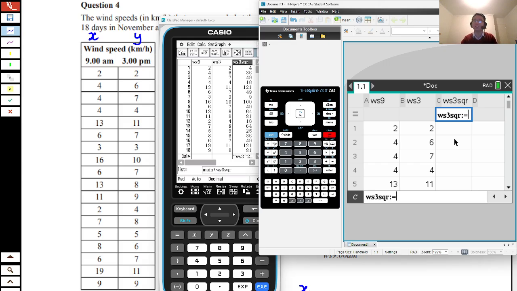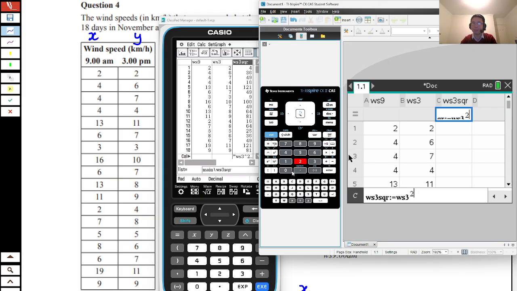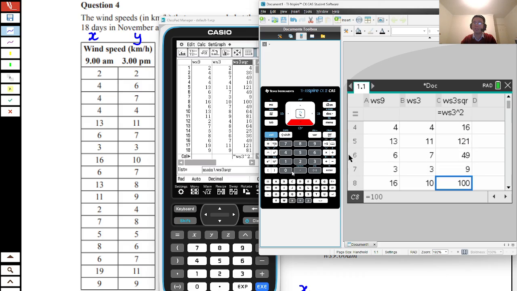Colon equals means definition. I start typing in my variable. Right now it's italicized. Once it recognizes the name ws3, it turns bold. Then to the power of 2, so you can use the asterisk and type in the 2. Press enter. And again, you'll see the data has been squared as expected.